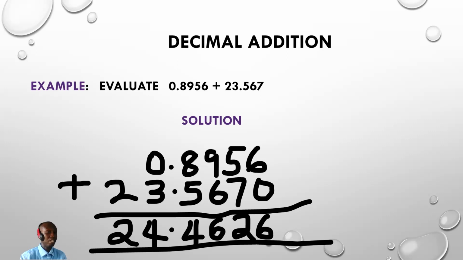Don't forget there's nothing there, so that's 0 actually, and 0 plus 2 is 2. So that's the final value for this particular sum. Whenever you're asked to add two decimals, first of all, arrange them in their rightful digit places before you start adding, so your values can be correct.